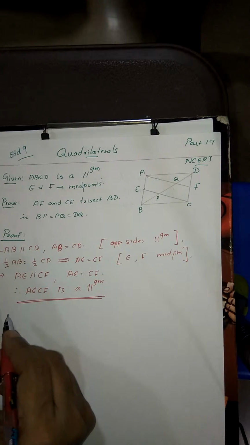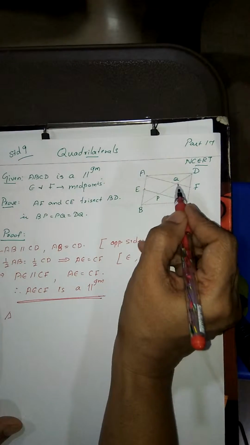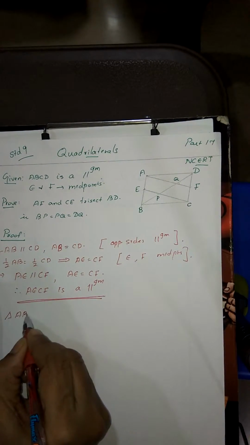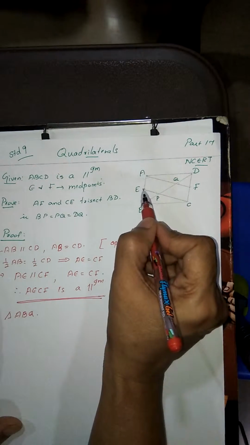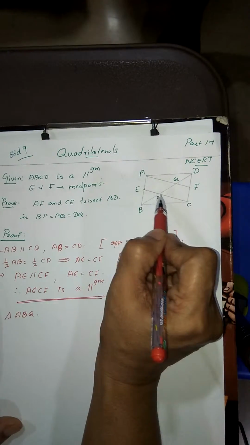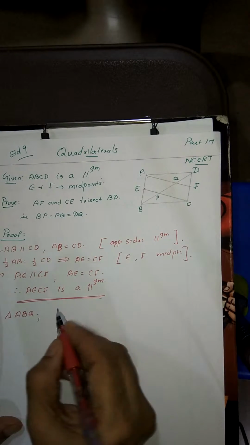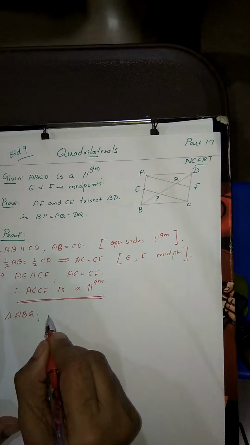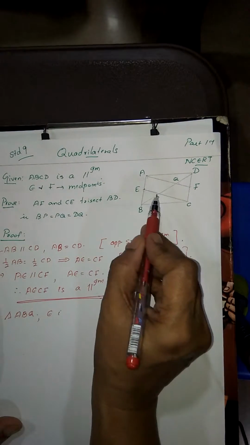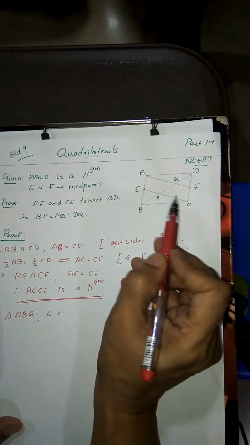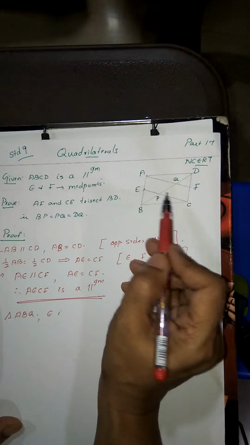So we will consider the triangle ABQ. Now if you consider this triangle ABQ, E is a midpoint and we also know EP is parallel to AQ because AECF is a parallelogram. So we will write down E is the midpoint. EP is parallel to AQ and E is a midpoint.